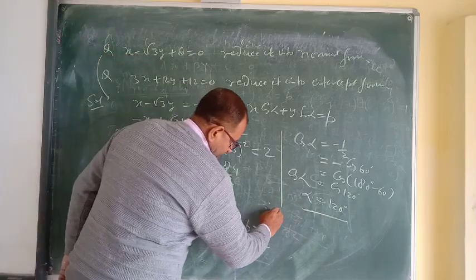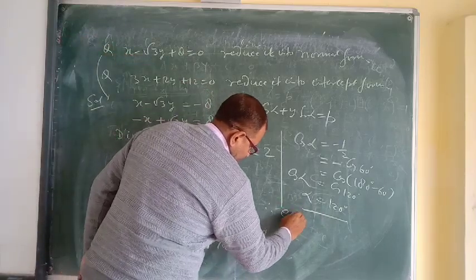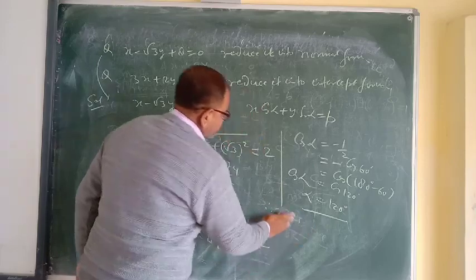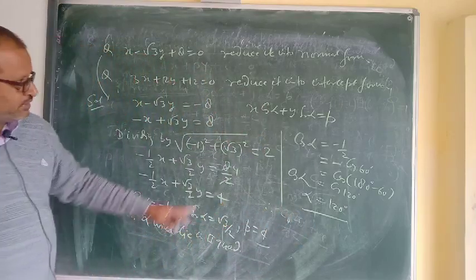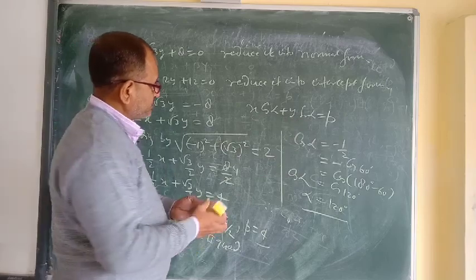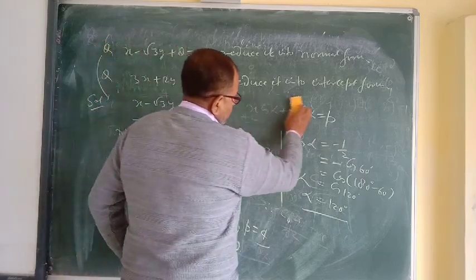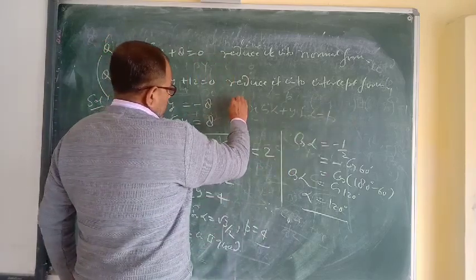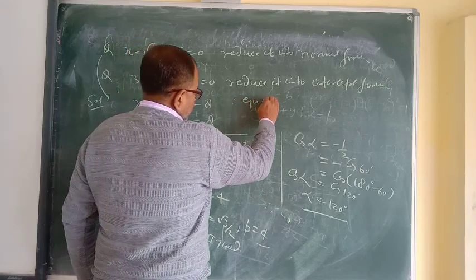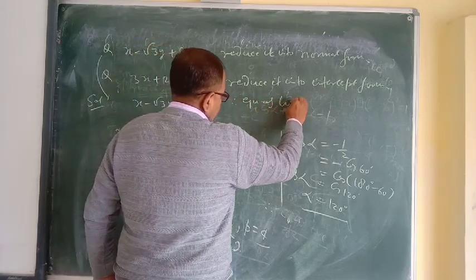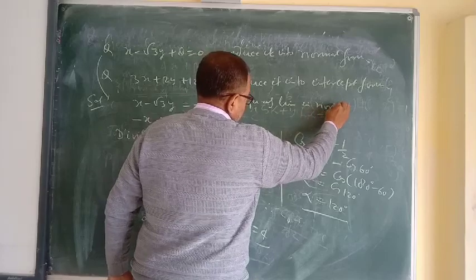So therefore, put the value of alpha and p here. So the equation of the line in normal form.